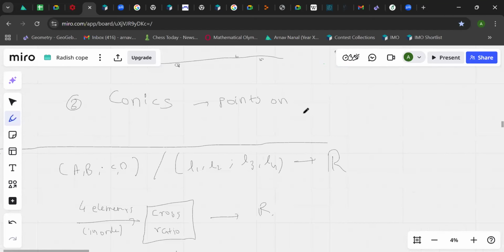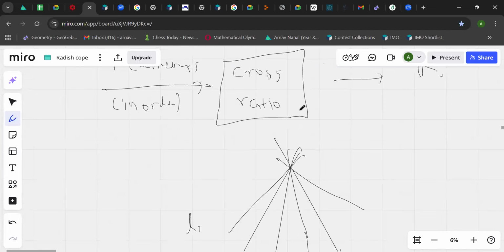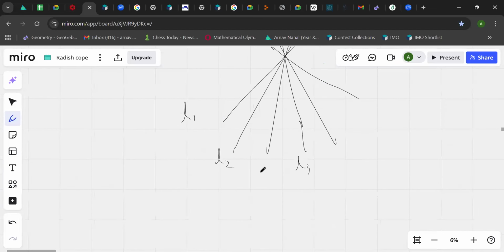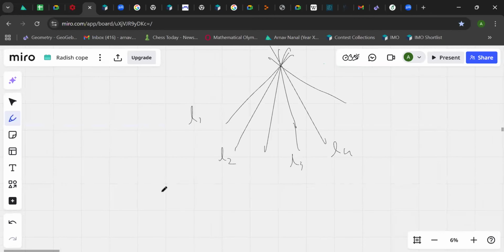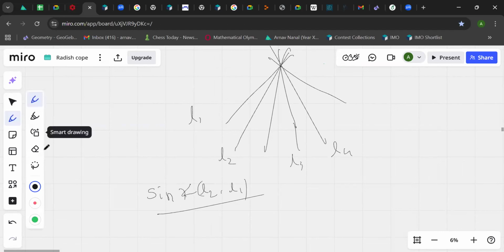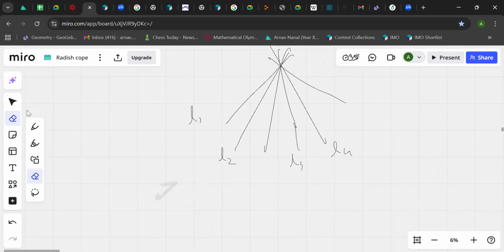So if you have 4 lines, L1, L2, L3, L4, what we do is we compute, and we have to use angles, sorry. It's a sine of a directed angle, it's essential to take directed angles. You take the angle from L1 to L2 in this direction.